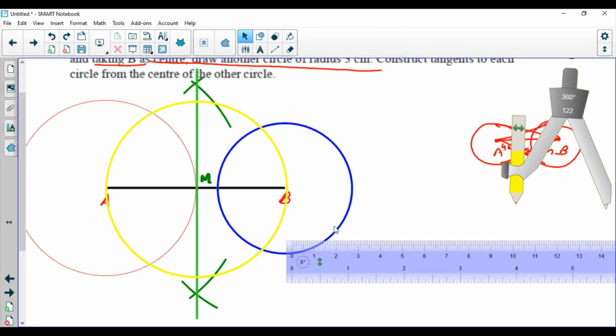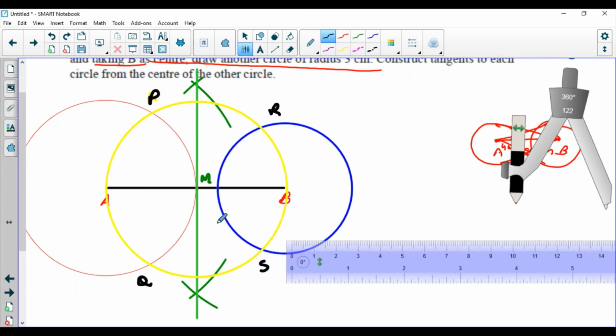This circle meets the red circle at 2 points and the blue circle at 2 points, isn't it? A and B we have already assigned, so we'll take P, Q and R, S, these 4 points. Now from A you join R and S, and those will be the tangents to the blue circle.